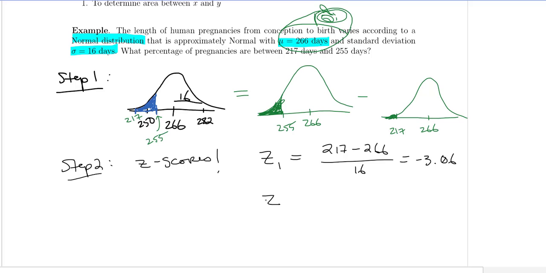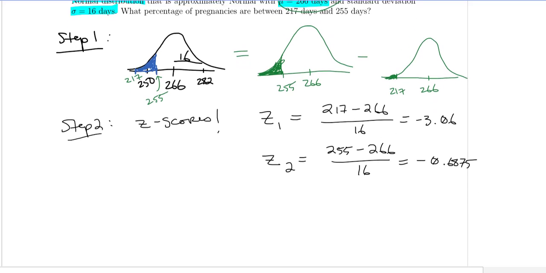If you're confused as to why, you should go see one of the earlier videos where we talk about that a bit. Alright, so now for 255 minus 266 divided by 16 is equal to negative 0.6875. I am not doing this in my head. You guys are more than welcome to grab a calculator and check my work. I could be wrong. Alright, so that's step 2.